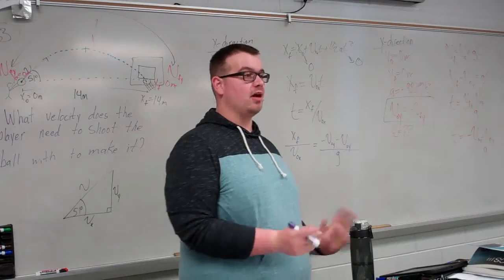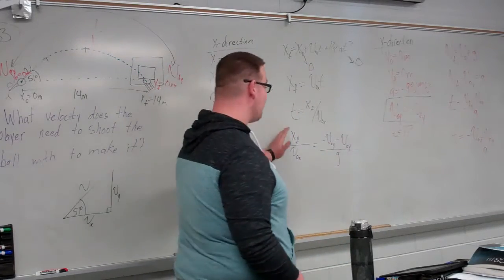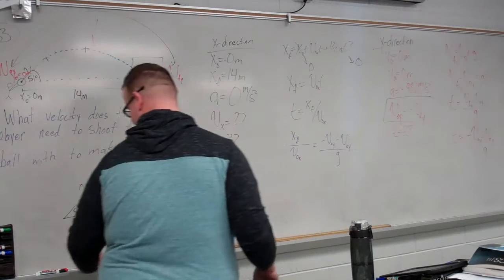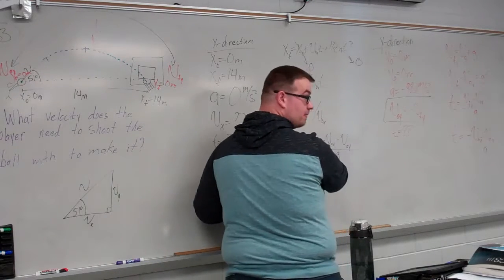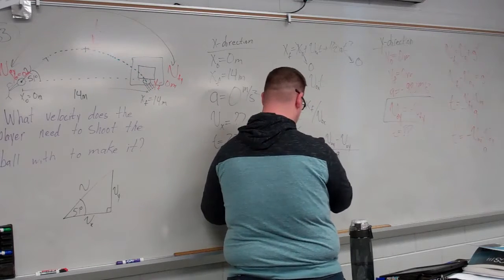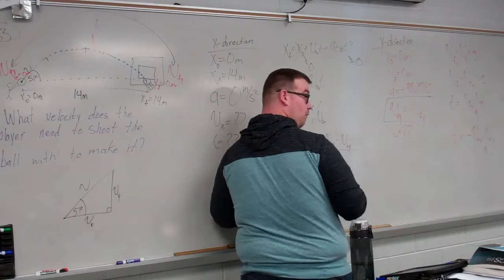The whole process I'm doing is I'm looking at it and I have too many variables. I have some things I know. I know my final position in the x direction. I do not know my initial velocity in the x direction. I do not know my initial velocity in the y direction.